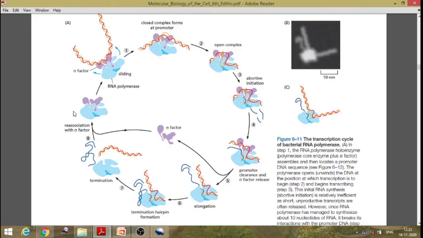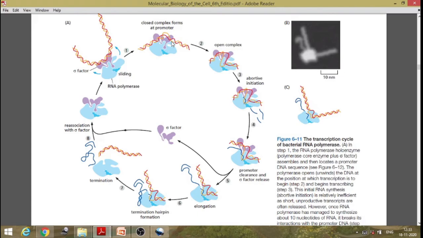association of the RNA polymerase core enzyme with sigma factor, forming the RNA polymerase holoenzyme. Then the RNA polymerase holoenzyme binds in a non-specific way to the DNA strand and starts sliding along the DNA molecule until it reaches the promoter sequence. At the promoter sequence, the sigma factor of the RNA polymerase binds to the promoter region tightly and forms a closed complex.